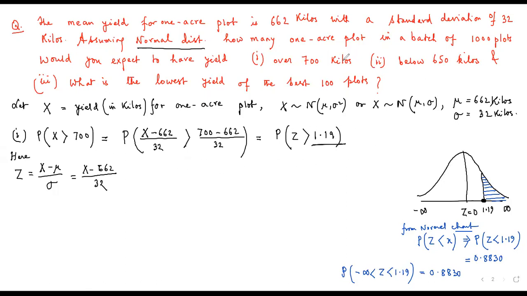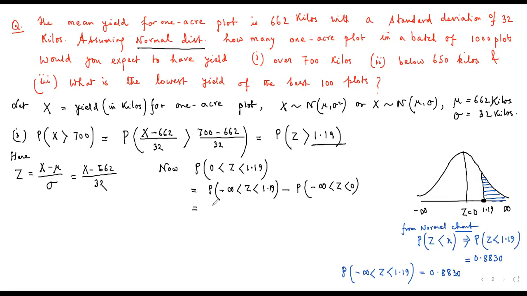Let us try to find, first of all, the probability of this region. The probability that capital Z lies between 0 and 1.19, by the previous process, we can calculate as follows. We can subtract from this probability this region.